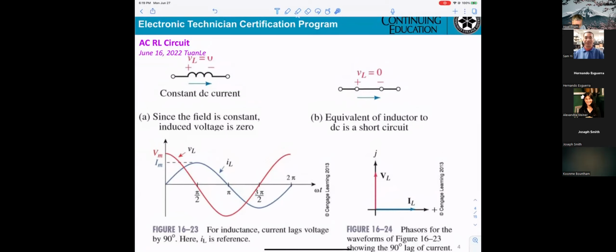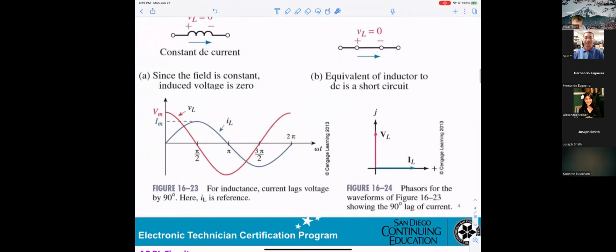And for inductance, now current will be like the voltage 90 degrees, or voltage leading current 90, opposite to the capacitor.